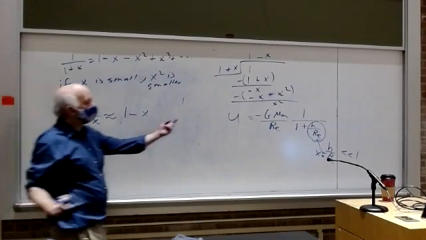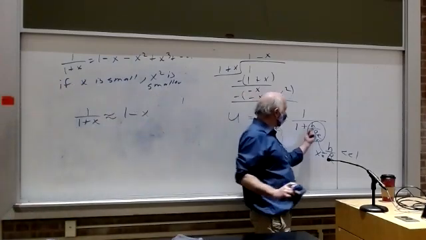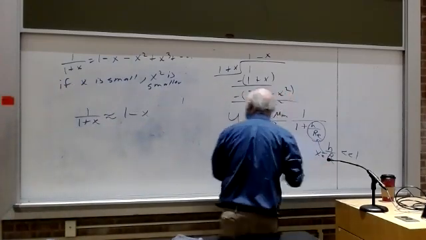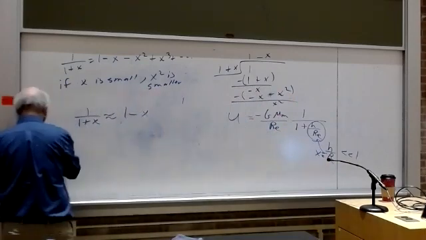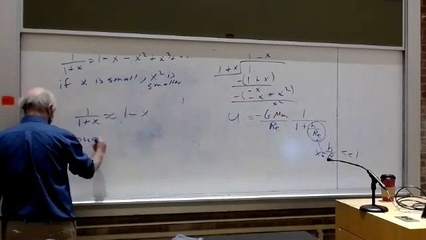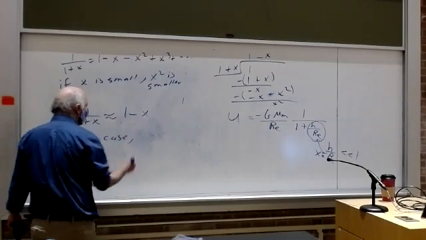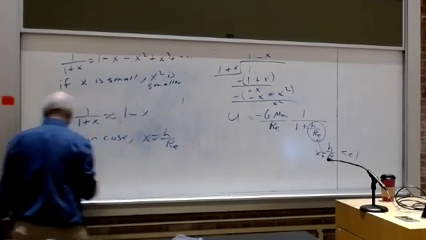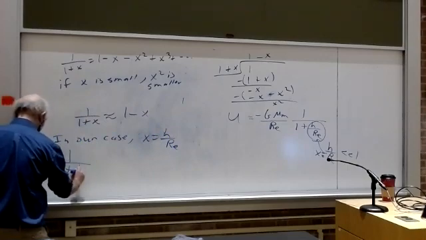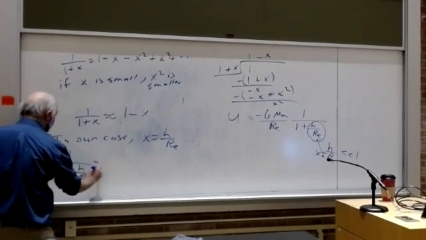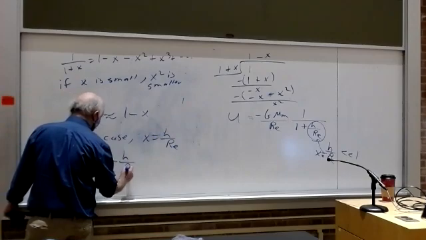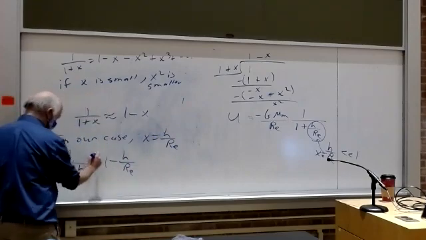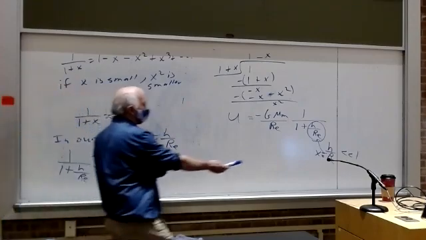So let's put that in here. In our case, we have this x as h over r sub b. So we have this: 1 minus h over r sub b. You're going to take this and put it into our friend over here.